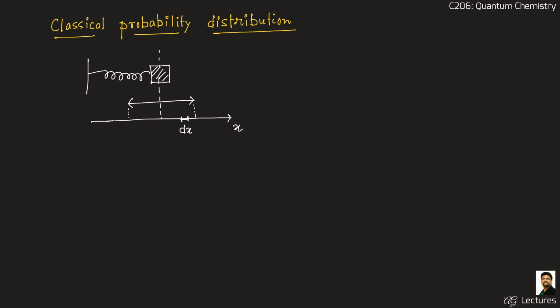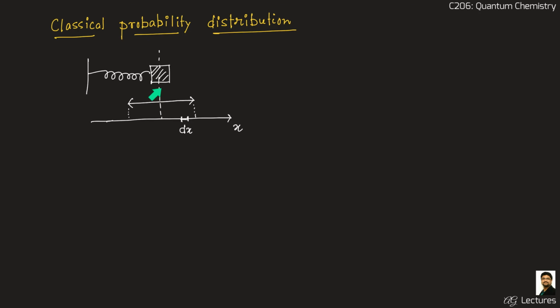So we know that a classical oscillator, when it oscillates, goes all the way to the end of its amplitude and stops there momentarily, and then the entire energy there becomes potential energy, kinetic energy becomes 0, and then it starts its back journey, and when it reaches its equilibrium position, its entire energy is kinetic energy.